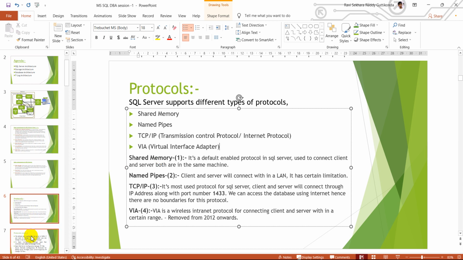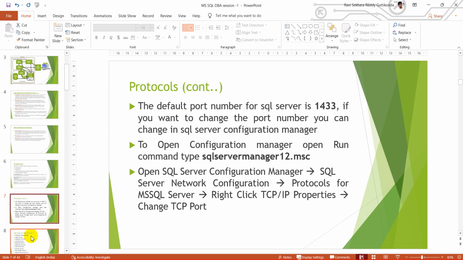And the continuation for the protocols is, as I said, the default port number for SQL Server is 1433. If we want to change the port number, we can change it in SQL Server Configuration Manager. In the coming videos, I will show you where to change it. In SQL Server Configuration Manager, we go to network configurations.